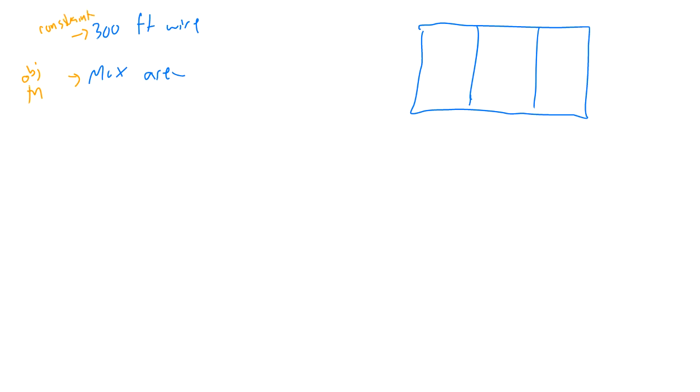So let's introduce some variables and see if we can write this down. Let x be the distance from here to here. So I've got 4 sets that have length x. And let's let y be the entire length this way, so I've got y on the bottom and also y on the top. So for our objective function, area is x times y.